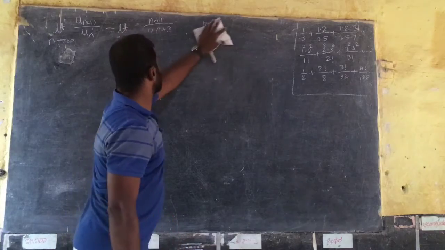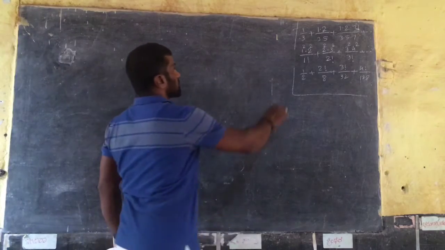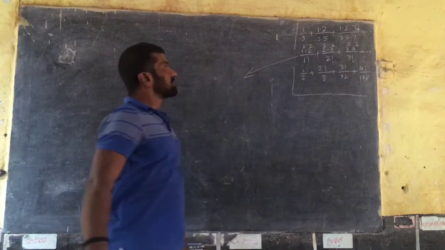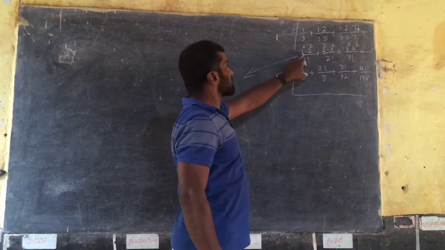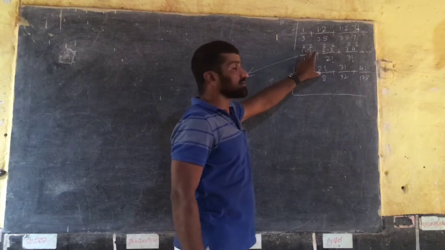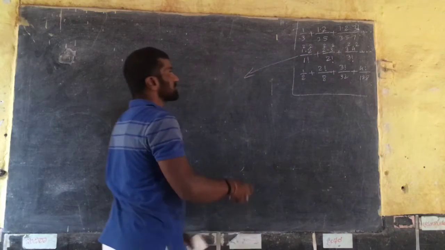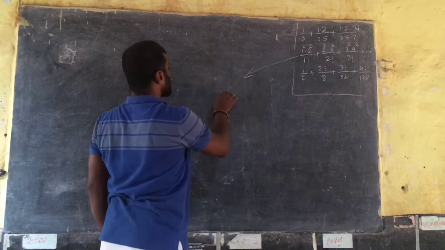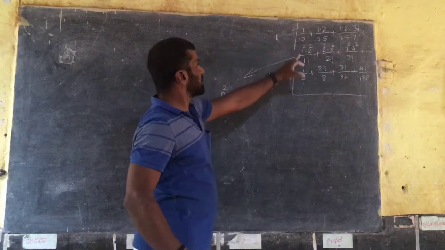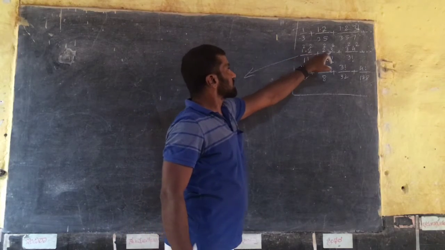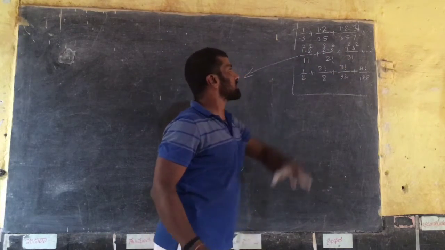Similarly, the next example, so write its nth term. Observe this, constant terms are there. So 1 square, 2 square, 3 square, so on up to the nth term is n square into 2 square, 3 square, 4 square, so on.